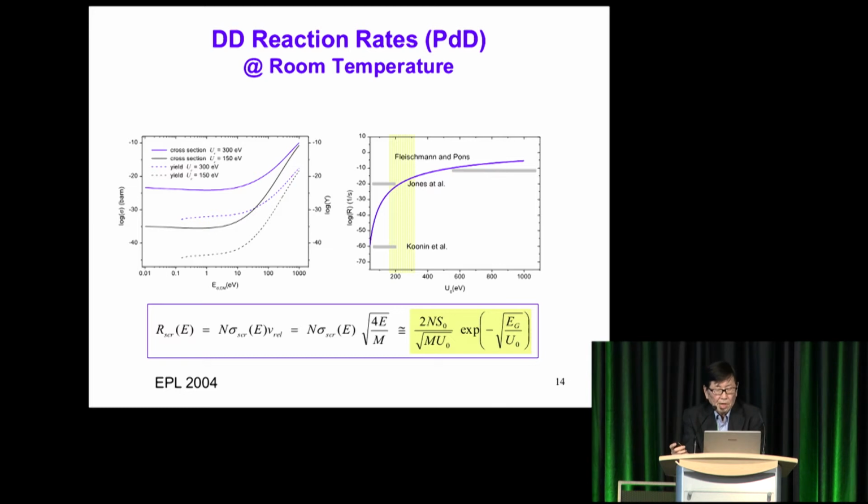Then we estimate, going down to room temperature, what the reaction rate becomes. In the left figure, the cross-section and thick target yield of a DP reaction are plotted depending on the neutron energy.